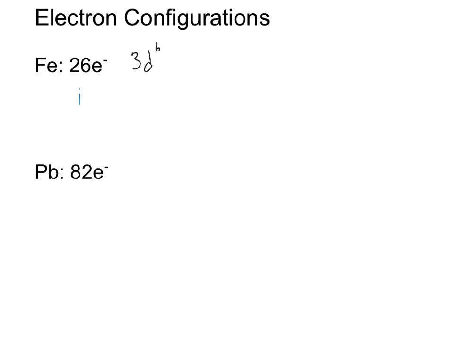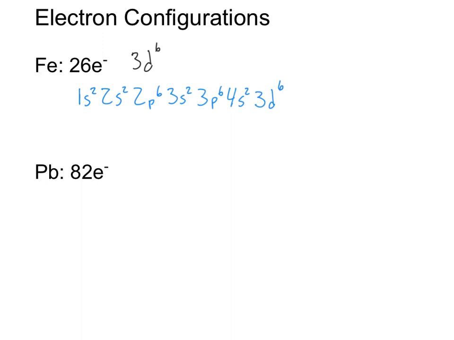And so we start with 1s and its 2 electrons, move on to 2s2, 2p6, and now 2 is filled. We move to 3s2, 3p6. We know from there we fill 4s, and then we go back to 3d, and we said iron has to end with 6.